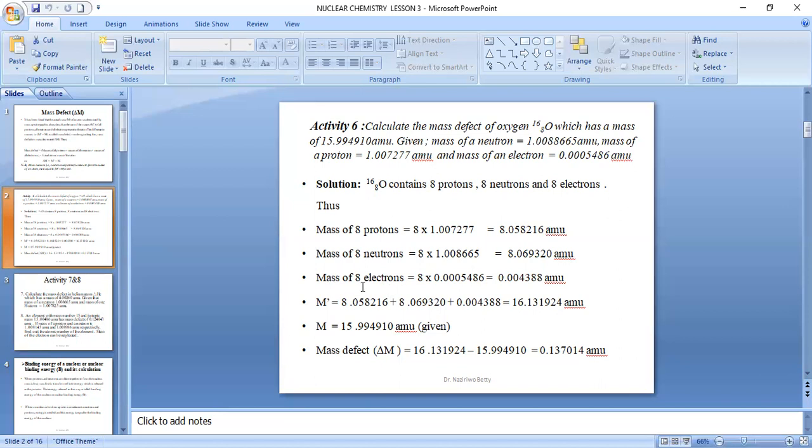The mass of 8 electrons is equal to 8 times the mass of 1 electron, which is equal to 0.004388.